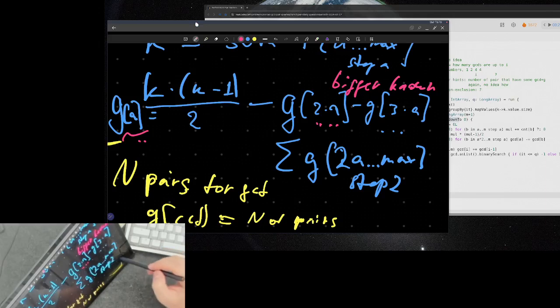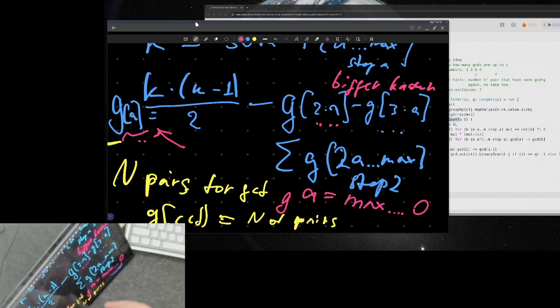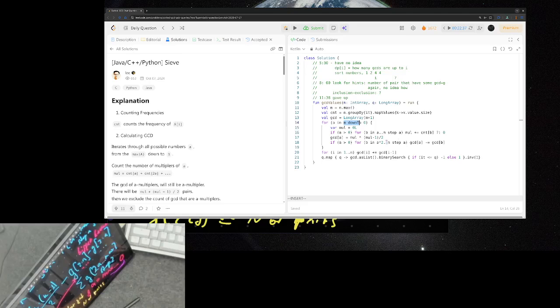So we go from the bigger to the smaller: a goes from the maximum down to 0. That's why we can take a and use the previous result. Okay, that's it.